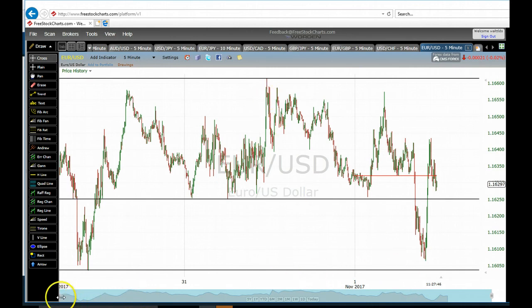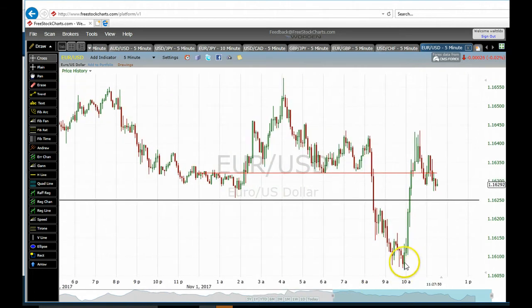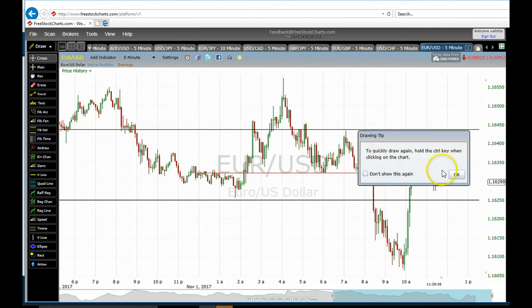And if you can tell here, this was on some morning news that oil came out and so forth, so it really moved the euro dollar up. And if you can mark some levels here, here's a resistance level.